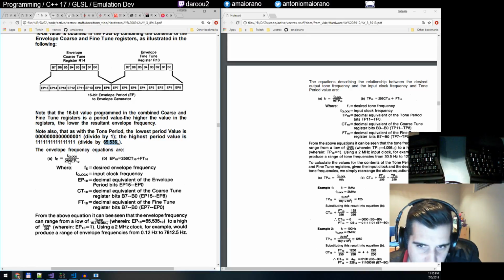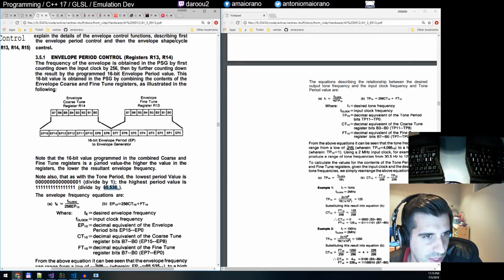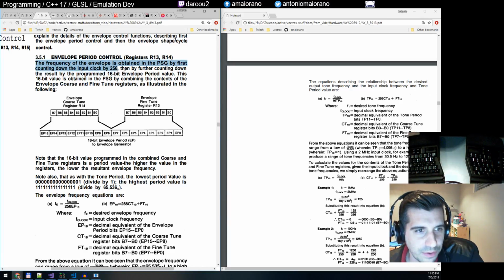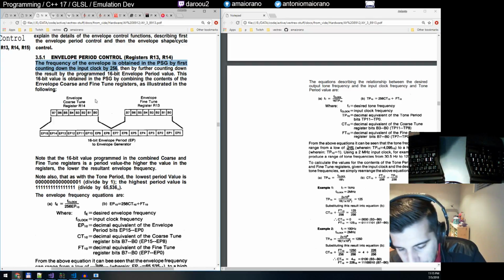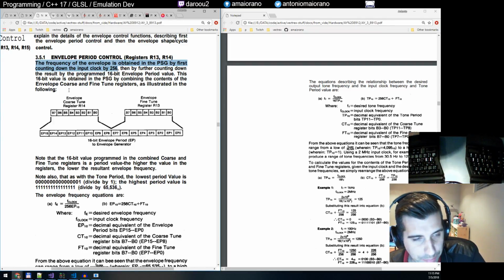So yeah, this value here is unrelated to this one. This value here, 256, really has to do with the dividing of the time. So this comes back to what I was saying. It really does look like we have to first divide the CPU clock by 256. It can only clock the envelope generator every 256 CPU cycles, which would mean it should be even slower.